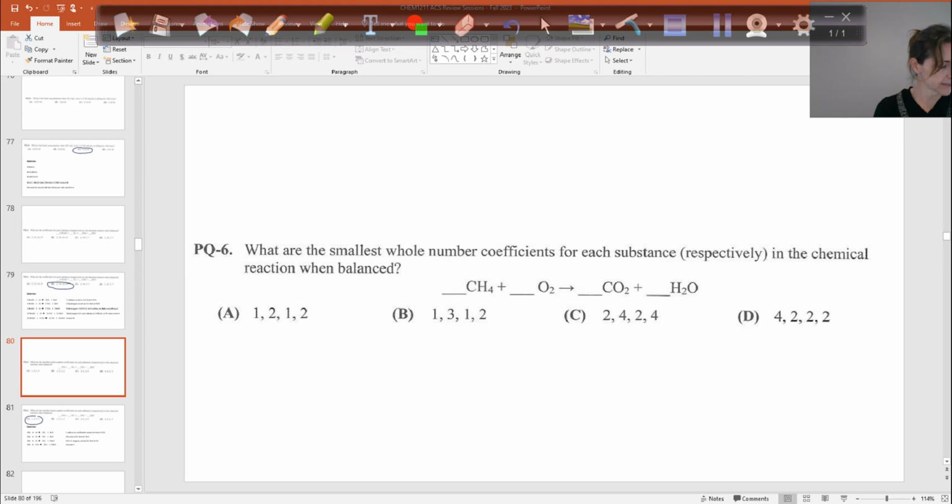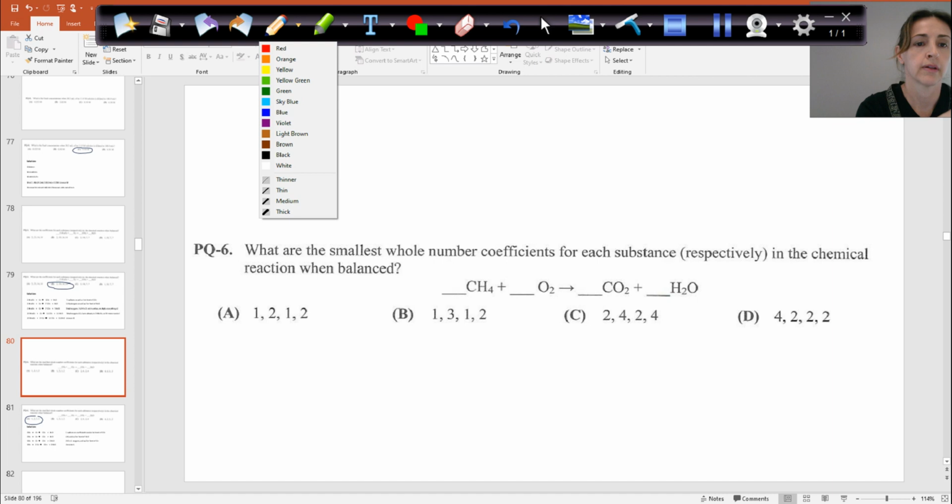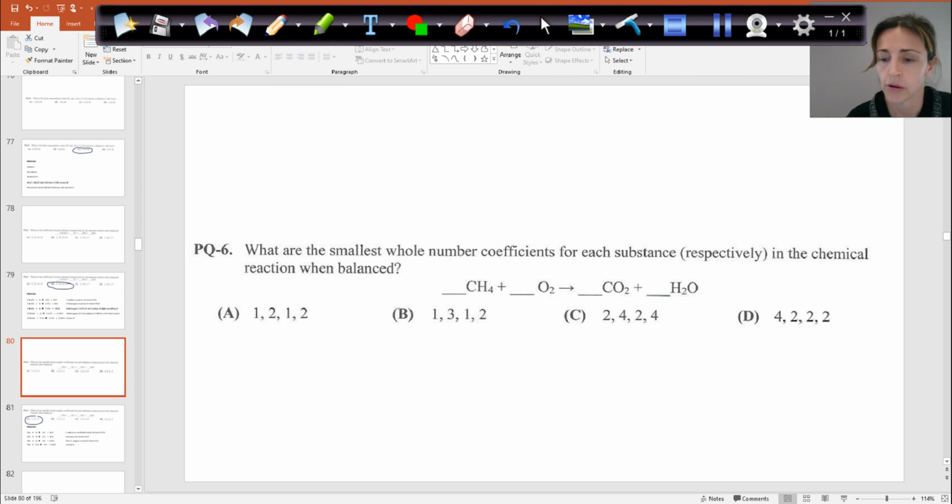Any ideas? Multiply by 2, so let's try to do that. Let's see if this works. So now I have a 2 there. And let's try to wrap things up with the oxygen and see if we can make it.